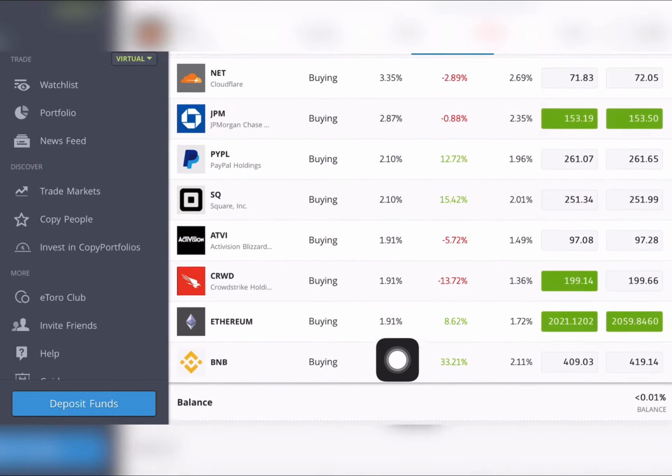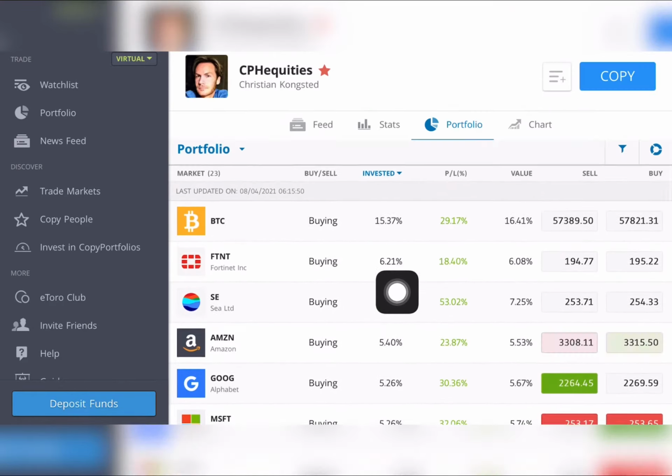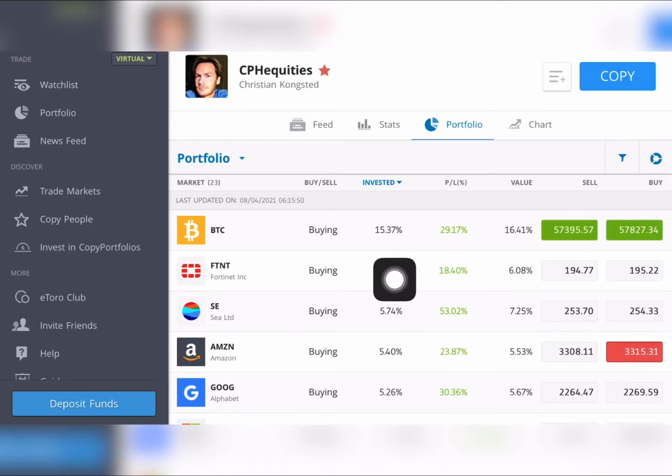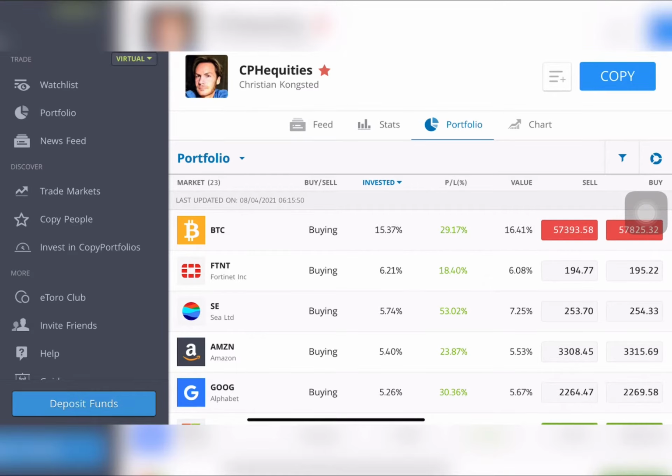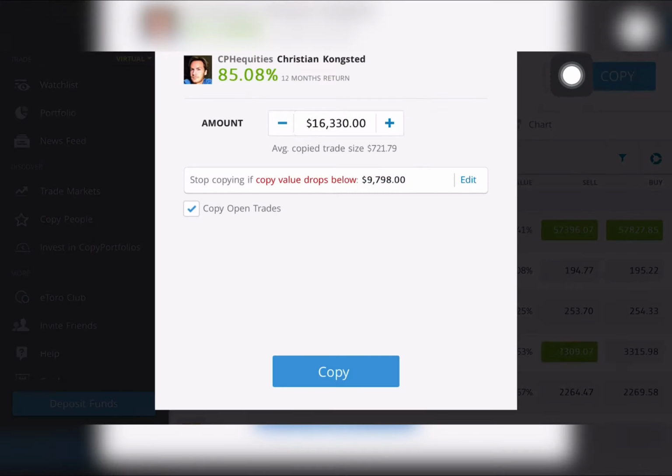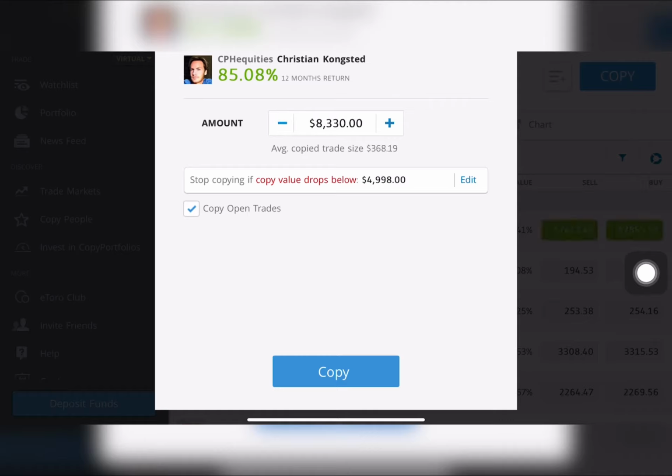So I think overall he's good. So say for example you already decided, okay, I like this guy, I want to invest in him, I want to copy trade him, just click copy and that's it. Say for example, you have only 200 US dollars, because that's your initial investment.